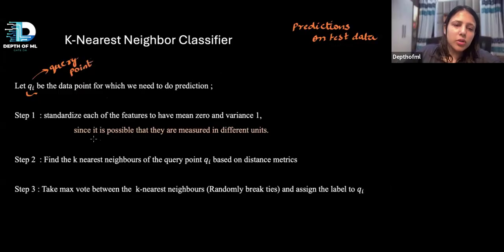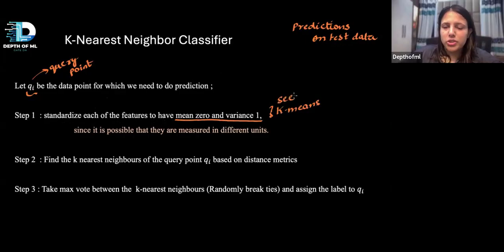What you will do is first standardize all of your features and center them such that they have zero mean and variance one. We had seen this in K-means as well, and why we do it. If the units of different features are different, a feature with high values like 1000, 2000 can contribute more to decision making than a feature with values like 0, 0.1, 0.2.